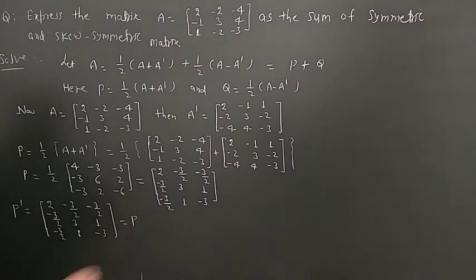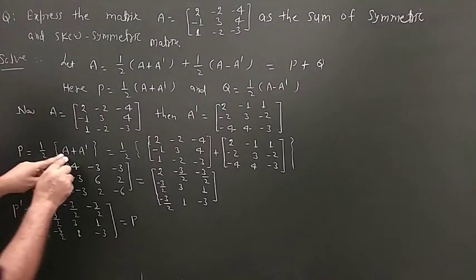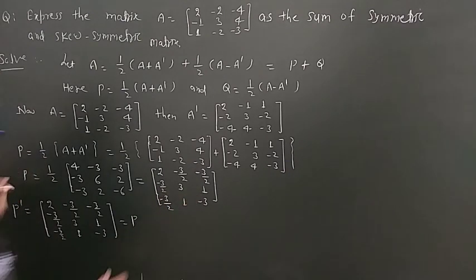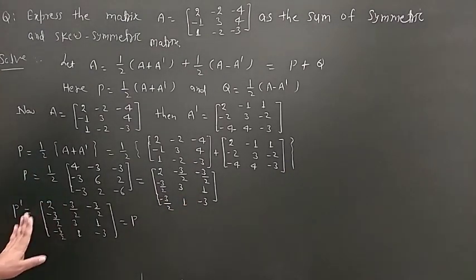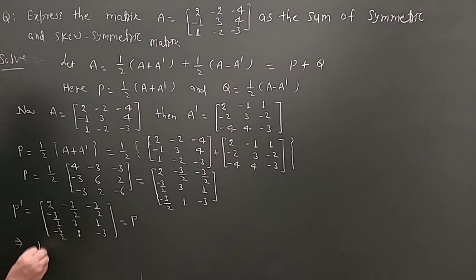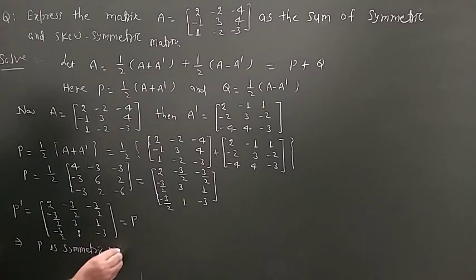This is again P. This is matrix P obtained by adding A plus transpose A and dividing by 2. Now we find the transpose of P. This is again P. So this implies that P is a symmetric matrix.